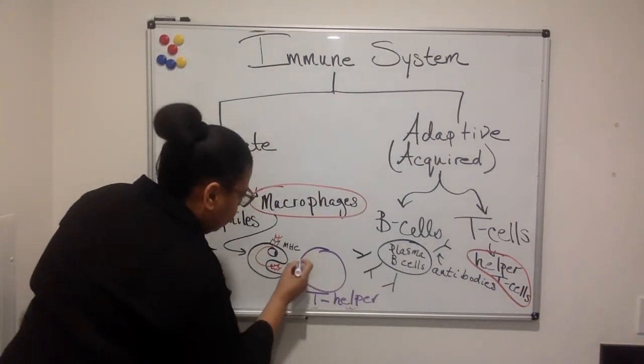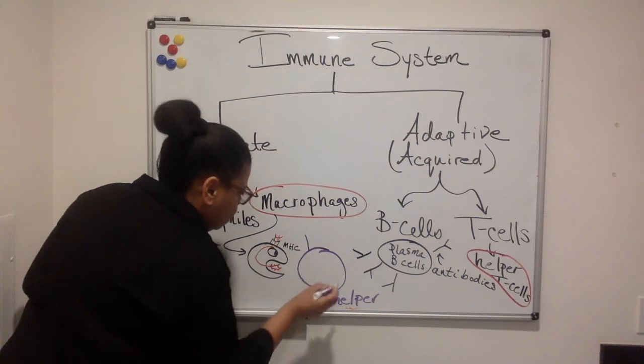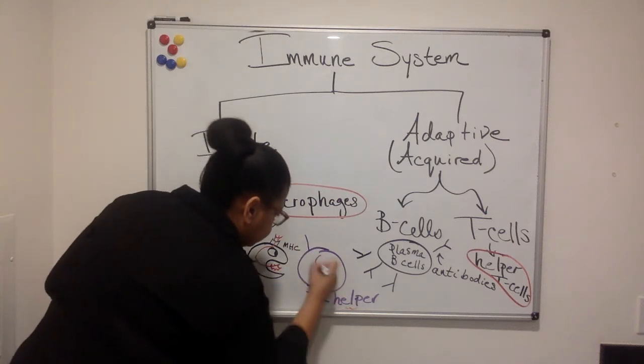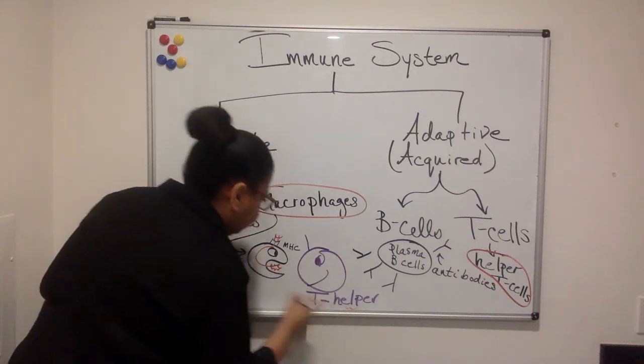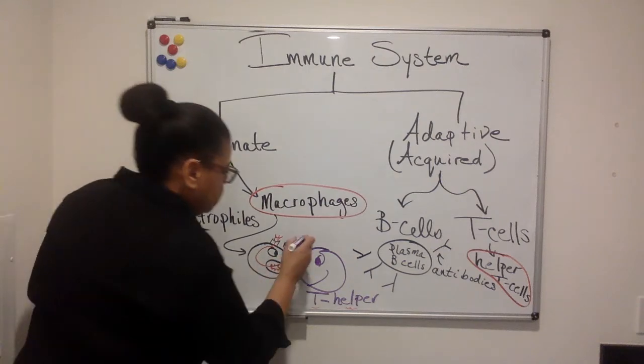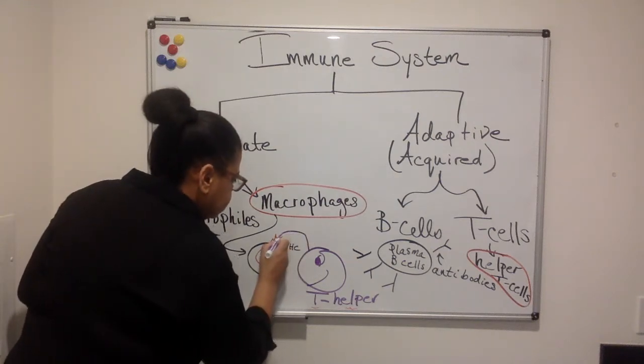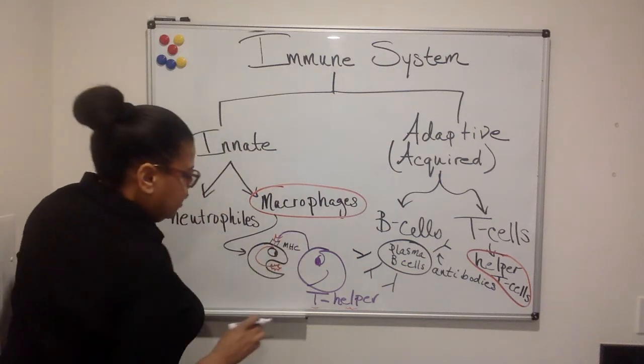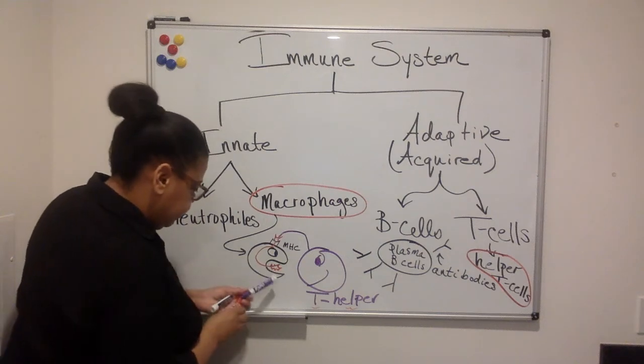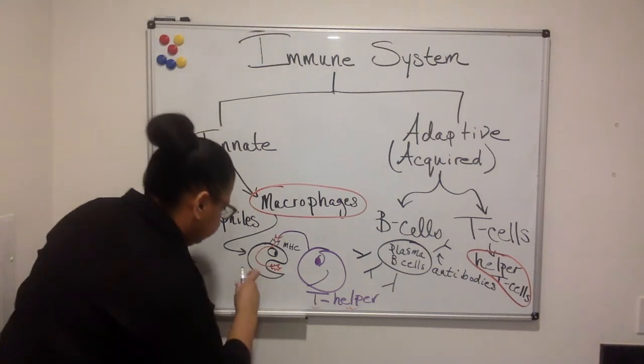So the T helper cell, well, actually, let's draw a cartoon of a T helper cell. The T helper cell will actually bind to the macrophage. So this is your macrophage.